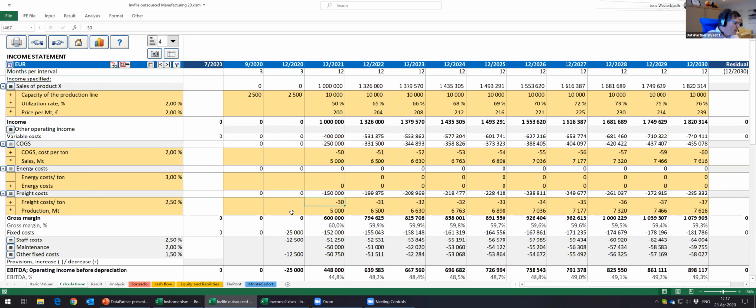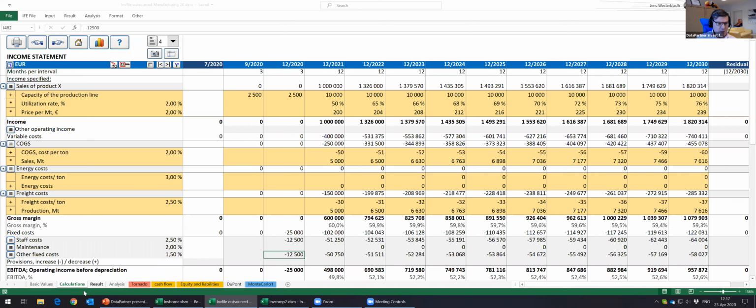Okay. Yeah, personnel is 50,000 per year. So that's basically what we have. No change, no maintenance costs. Other fixed costs are 50,000 also. So that's basically also what we have already. So that's good. So we are good to go.